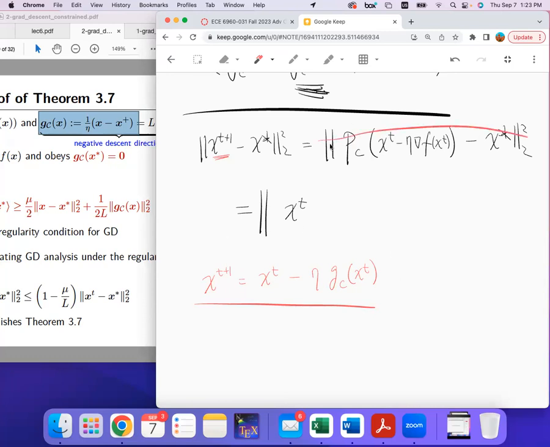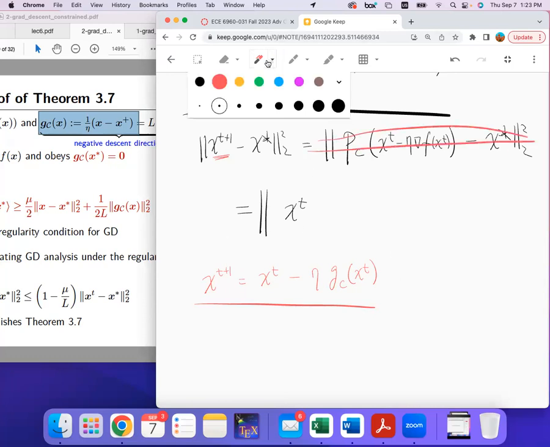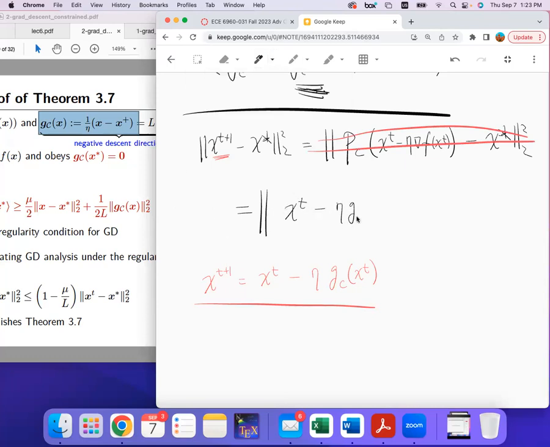Let me just ignore this one. So just x t minus eta GC(x t) minus x star. And this is a quadratic term, so you can decompose it.